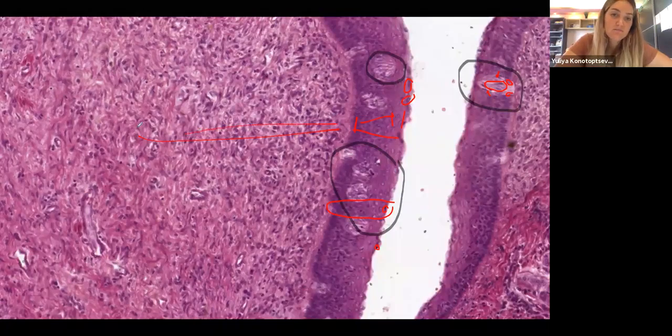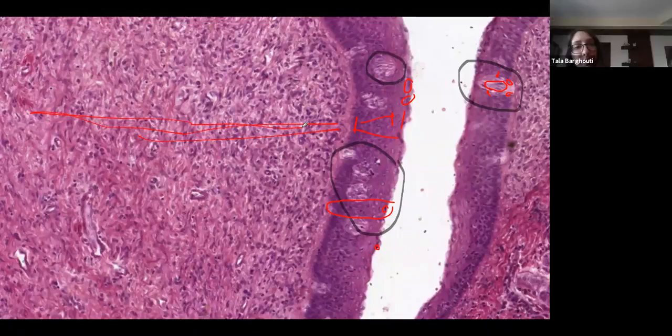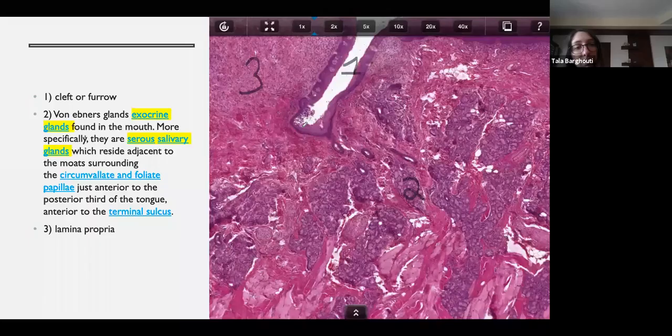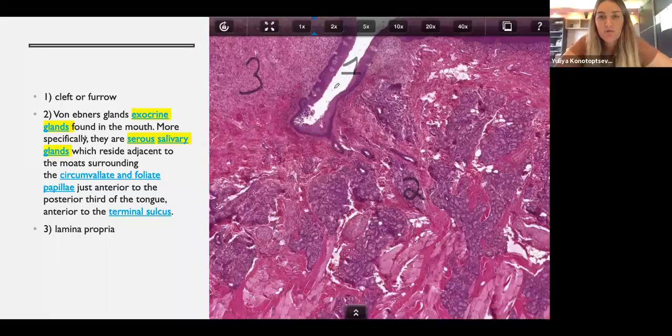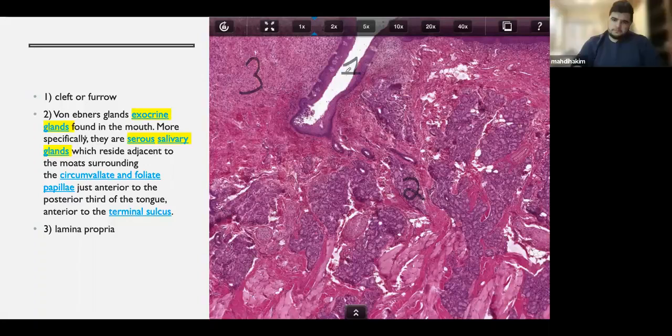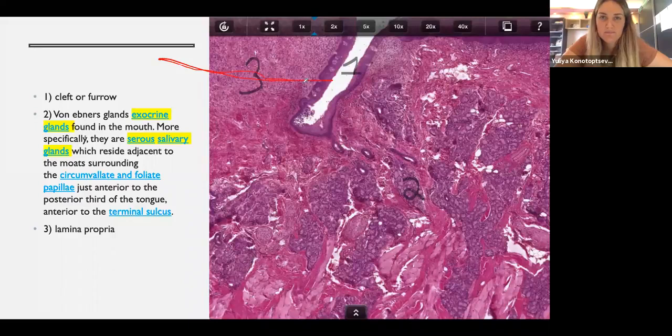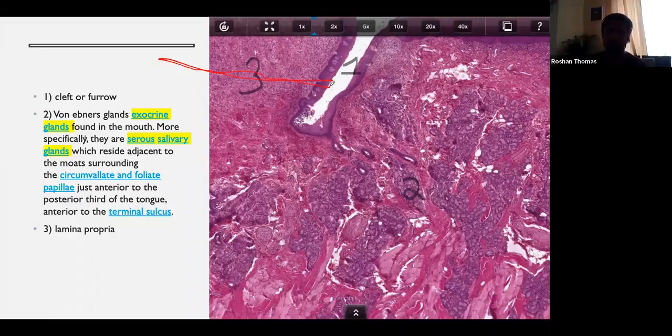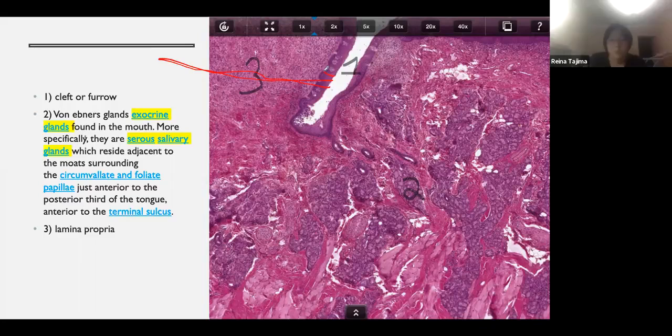Again, what is this? Lamina propria, very important. I point, you tell me what this is. Cleft. How do you call this entire area? Specialized mucosa. This? Epithelium.